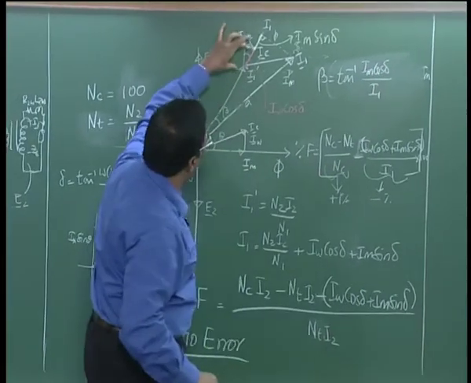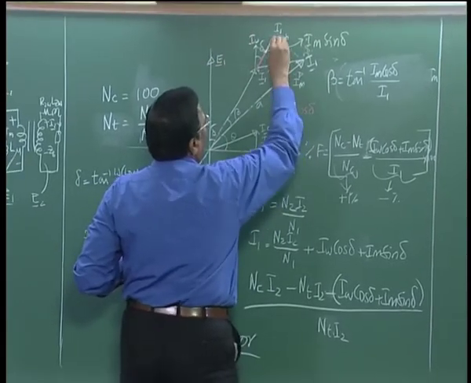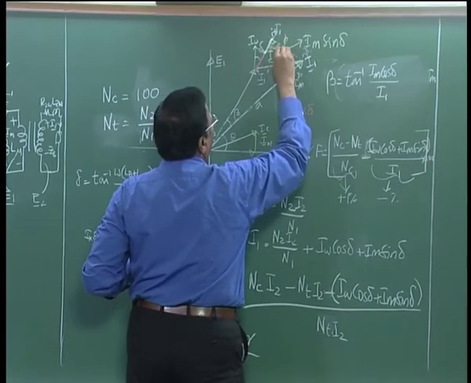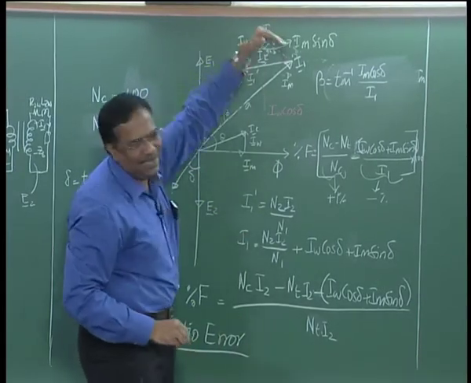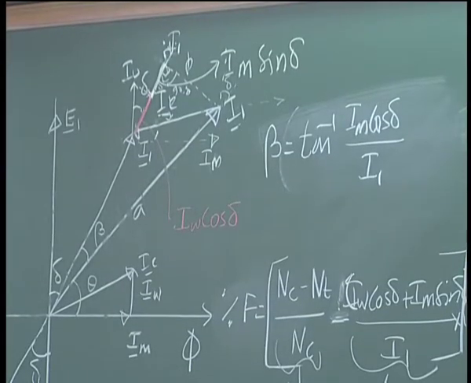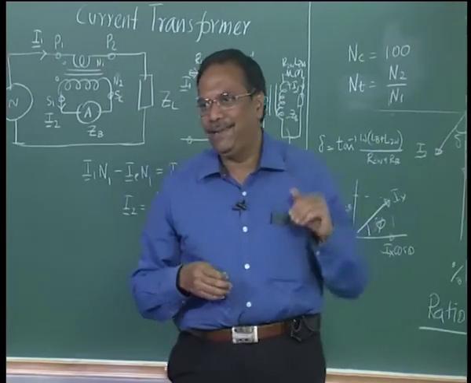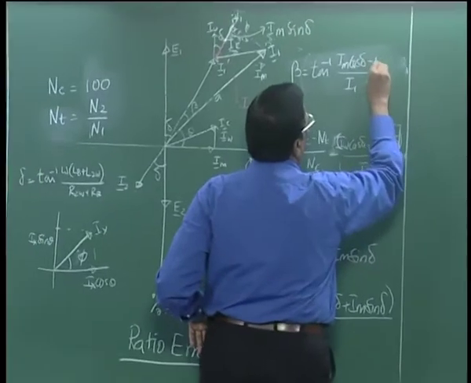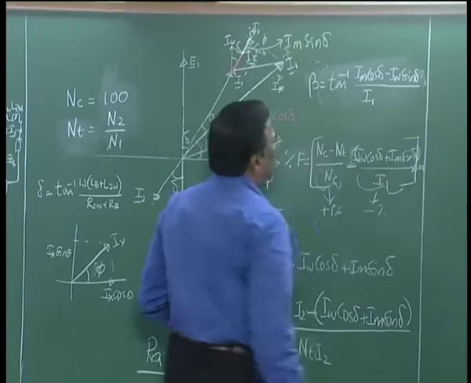Now I will have to look at IW here, right, and if this is delta, this is 90 minus delta, right. I have to shift IW on this axis. So it is in the fourth quadrant and I am looking at the sign, so that would be minus sin delta. So that would be minus IW sin delta, right.